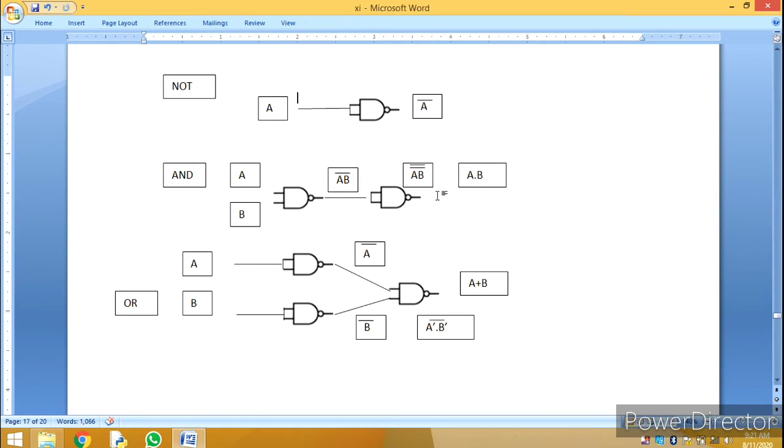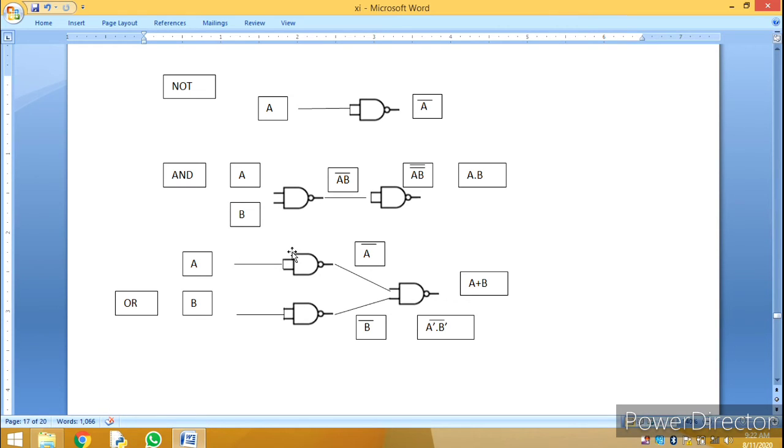Recall the involution law: it states that the complement of the complement is equivalent to the input value. So this is equivalent to A into B. So this shows that this circuit diagram, when applied with a NAND gate, gives an AND gate.